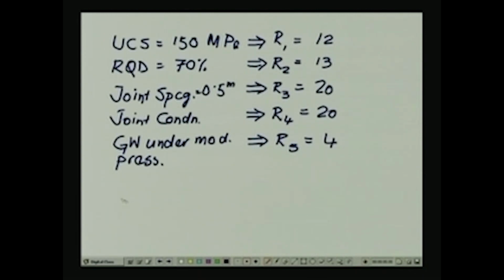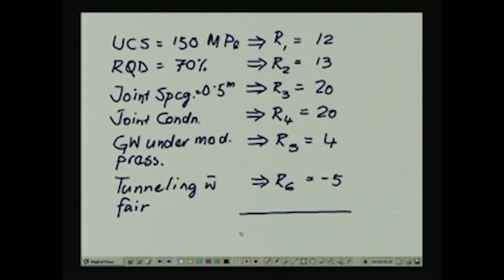and then we are doing the rating for tunneling with fair joint condition vis-a-vis tunnel alignment. So that gives us an R6 of -5. Then what we do?